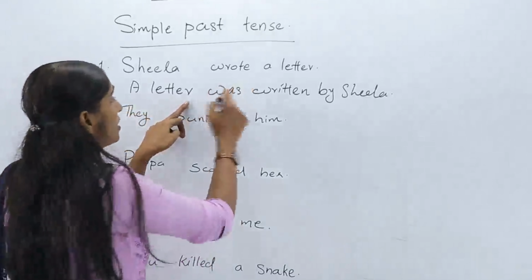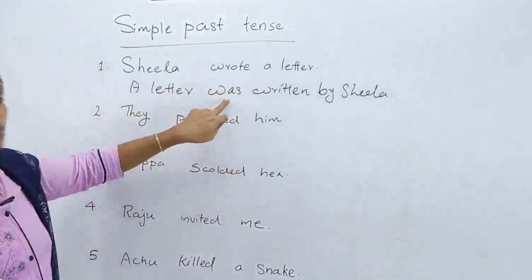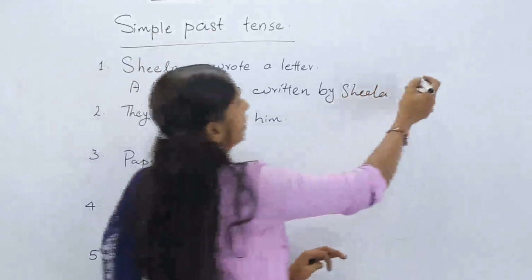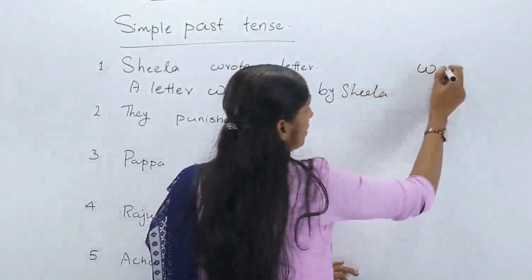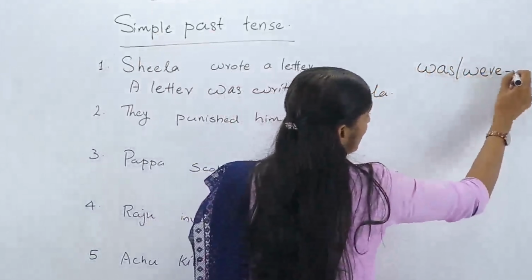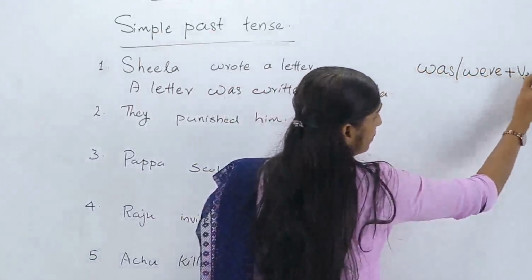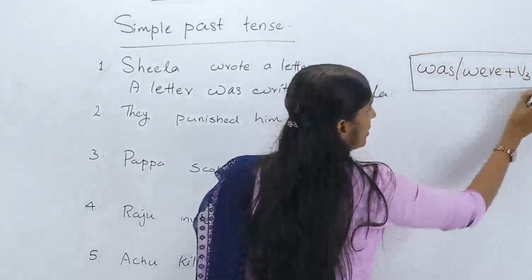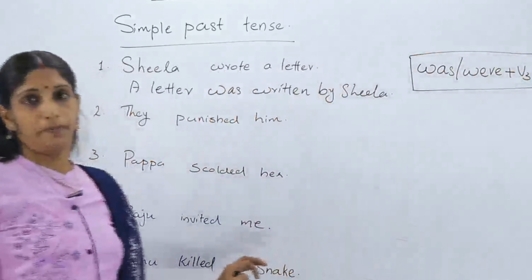So we have to use the auxiliary verb was in simple past. We have to use the auxiliary was or were plus V3 form in simple past tense while we are changing into passive voice.